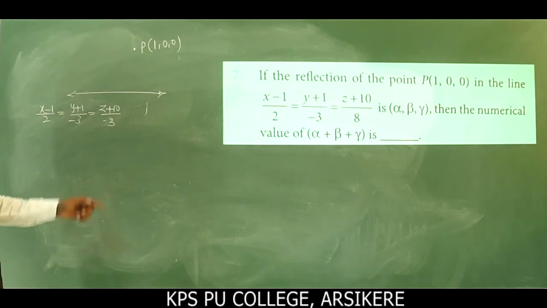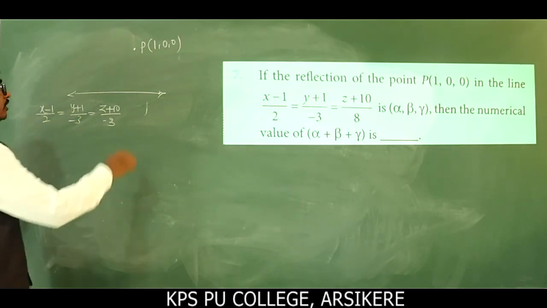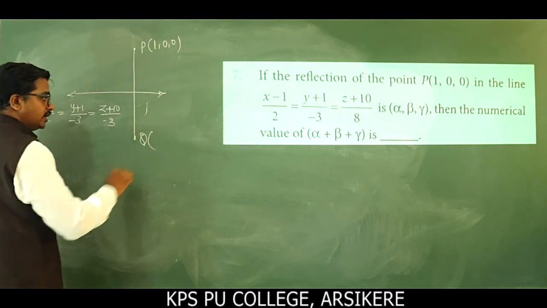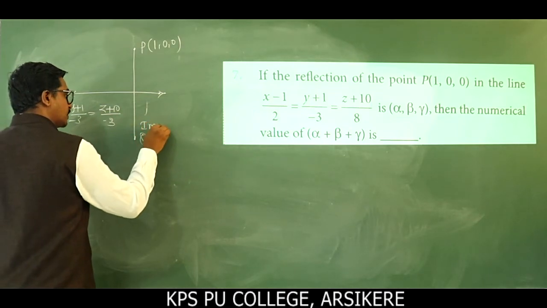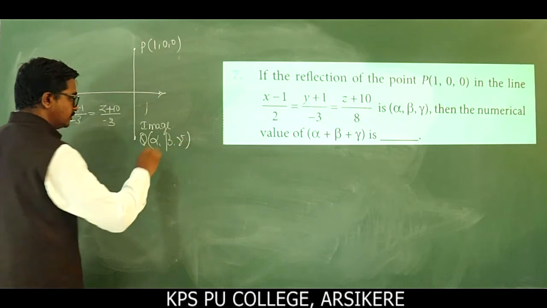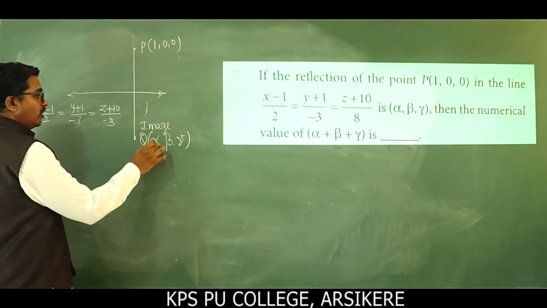The reflection of the point in the line is alpha, beta, gamma. This is the point Q, the image. Say the point is alpha, beta, gamma. Then we need to find the value of alpha, beta, and gamma.